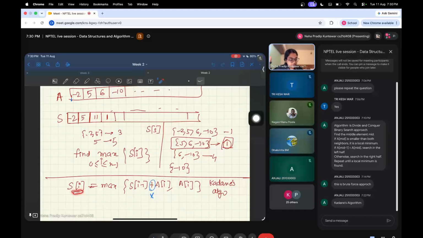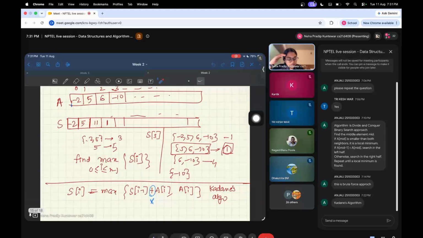And in order to find this efficiently, let's say I have S of I minus 1 that is available to us. So the maximum subarray ending at I can either be that you look at the maximum until now, that is S of I minus 1, and add the new element A of I to it. Or it could be that maybe the previous sum was negative, so I don't add it because that will only reduce my total sum. So I'll discard that previous sum and only take A of I.